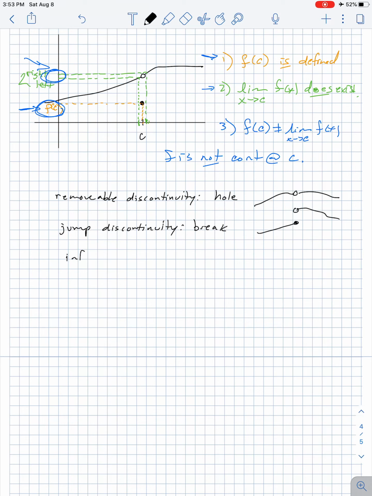And an infinite discontinuity is an asymptote. So that would be like this graph right here is discontinuous at this asymptote because it's going up to infinity. That's why it's called an infinite discontinuity.